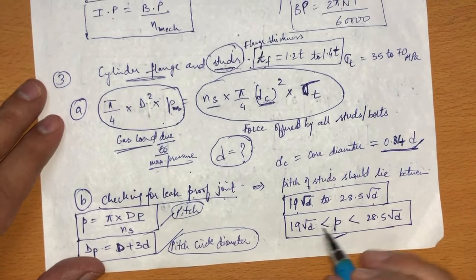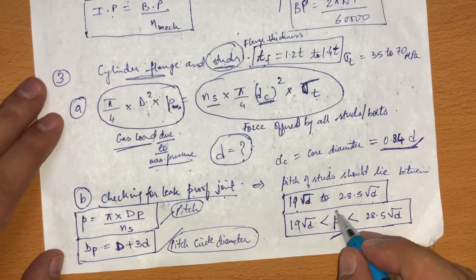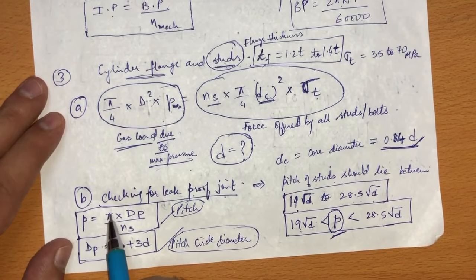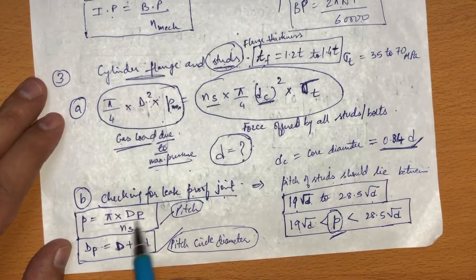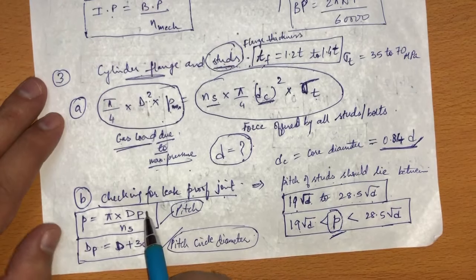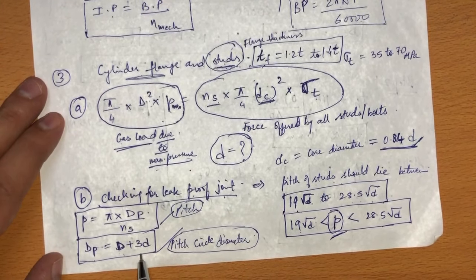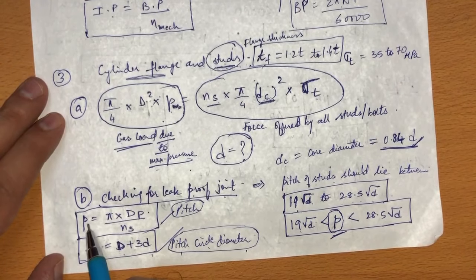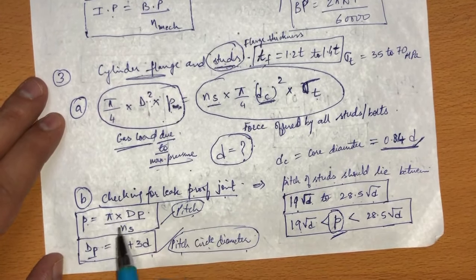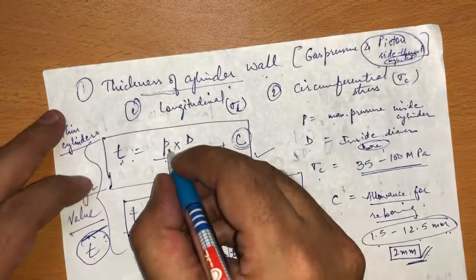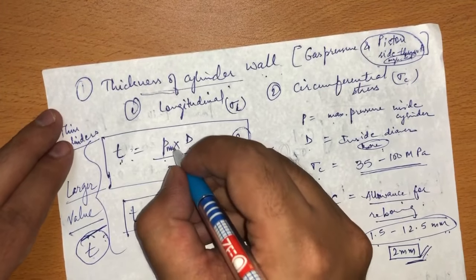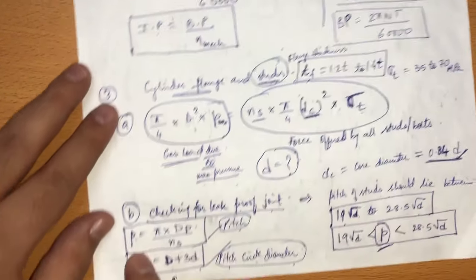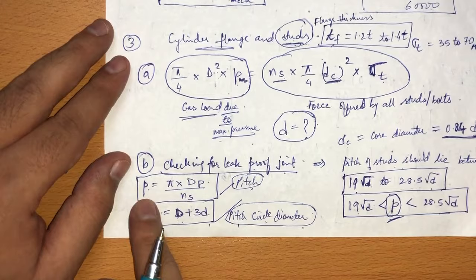Pitch should fall in between the two values, but to solve for pitch, we have to formulate it as pi into dp divided by ns, where dp is denoted by D plus 3d. dp is pitch circle diameter and small p is pitch. Not to get confused with the term P here, this is P max, which is the maximum pressure, and this is small p, which is pitch of the studs.